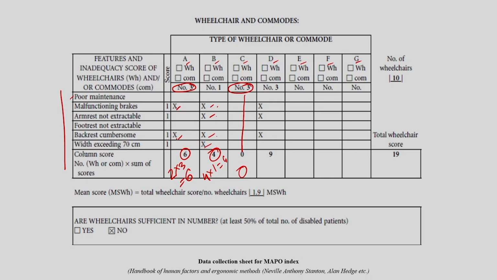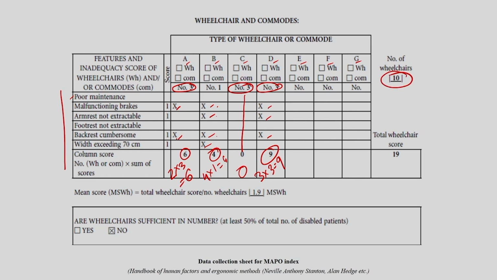Whereas you have another set of wheelchairs which number is 3 and you have 3 problematic areas. So, 3 multiplied by 3, value is 9. Okay. So, you have total number of wheelchairs 10, whereas you have 4 categories.